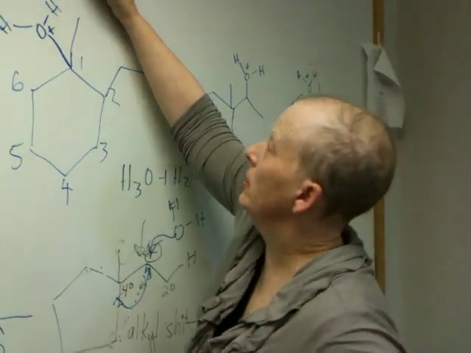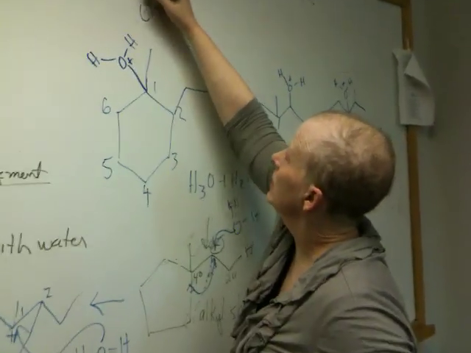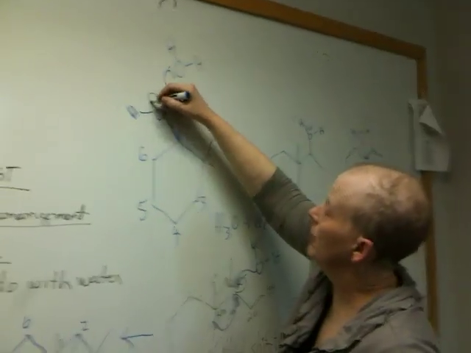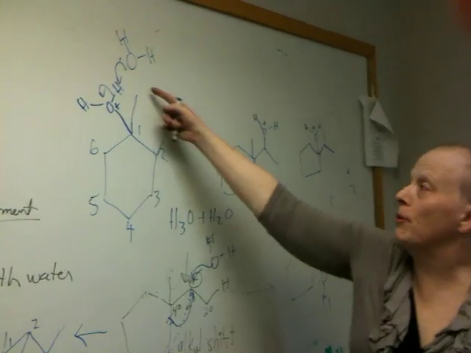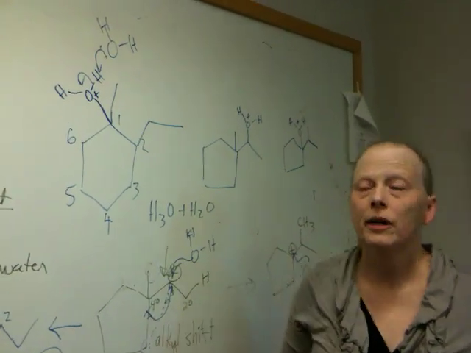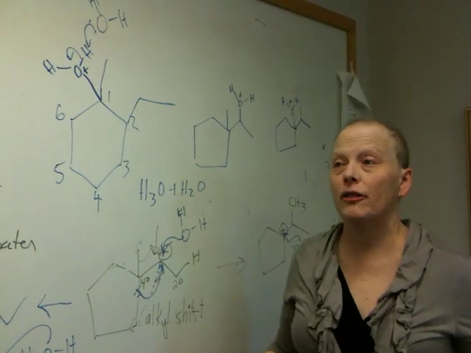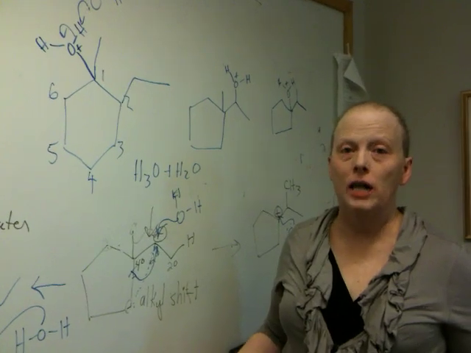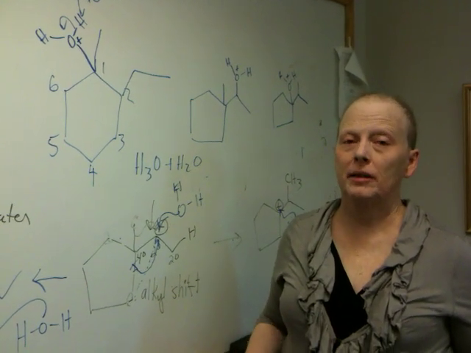So what would happen here is another water would grab this H and pull it off. Now that doesn't mean the proton can't go back on there. It's just going to bounce off from water to water to water. And because the solvent is water and there's an infinite amount of the solvent, the proton essentially gets lost in the solvent. And I'm going to talk about this a lot in class.